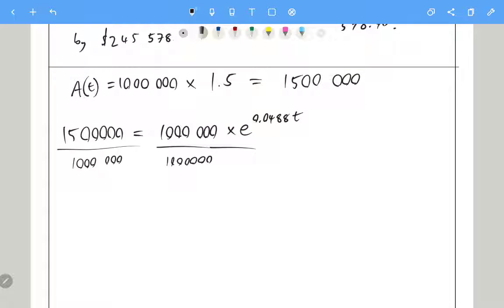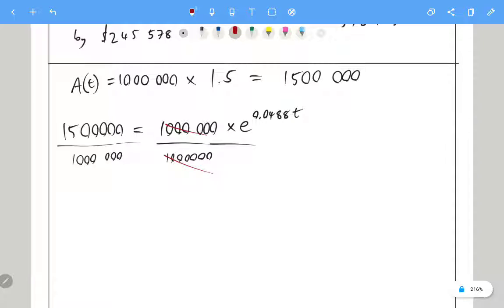Simple division, these will just cancel. And most of the zeros will cancel, and we'll be left with 15 over 10, or 1.5, is equal to e to the 0.0488 t.